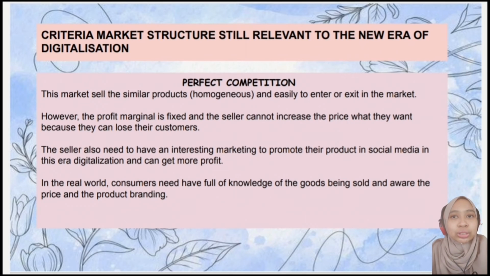The seller also needs interesting marketing to promote their product on social media in this era of digitalization and can get more profit, because in the real world consumers need to have full knowledge of the goods being sold and be aware of the price and the product branding.